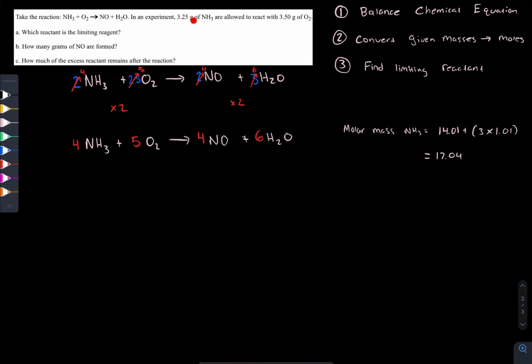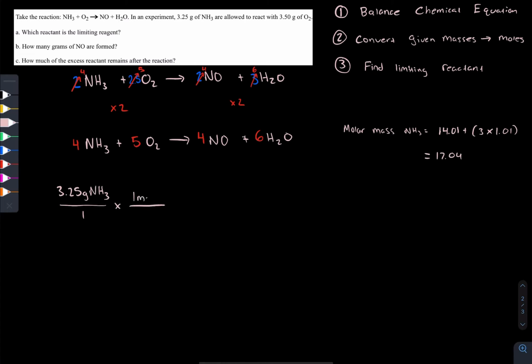So we are given that 3.25 grams of ammonia and 3.5 grams of oxygen react together. Let's start by converting the ammonia. So we have 3.25 grams of NH3. Let's put that over 1, and we want to get it to moles.